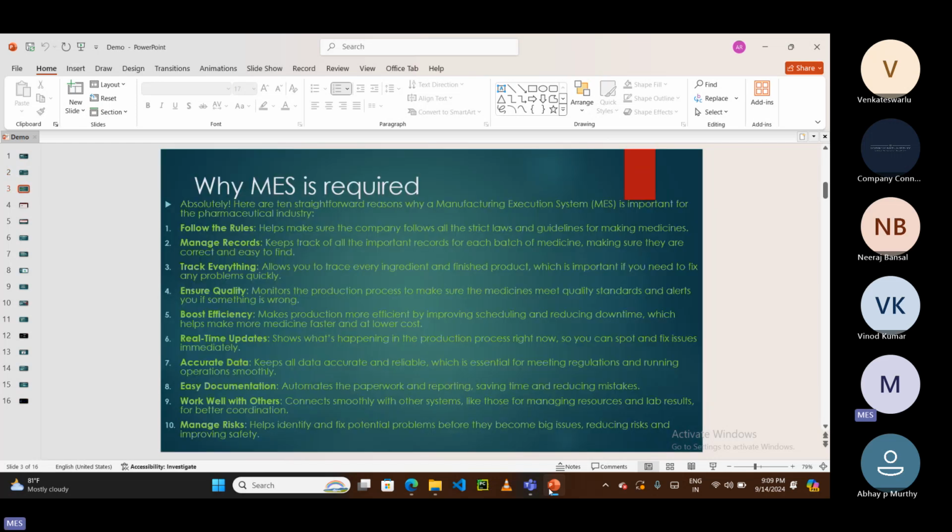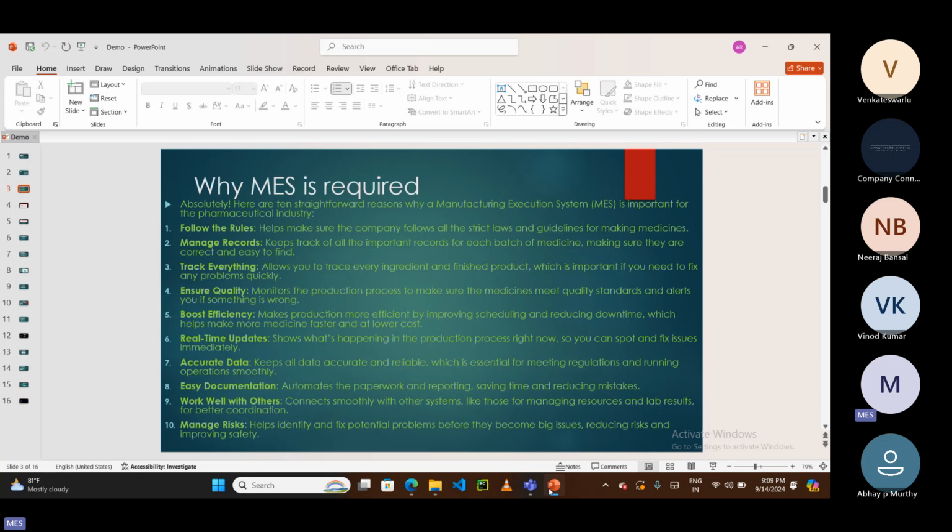But the question is why MES is required. Maybe people here are working in MES or want to make a career in MES. MES is required for all manufacturing, but we are here for MES for pharmaceutical. Why is it required?